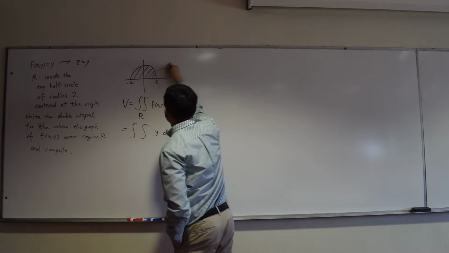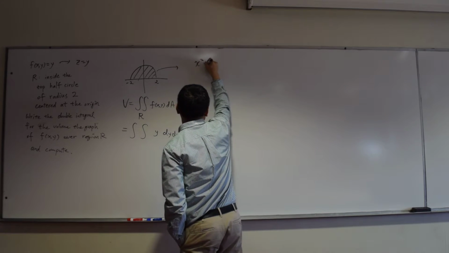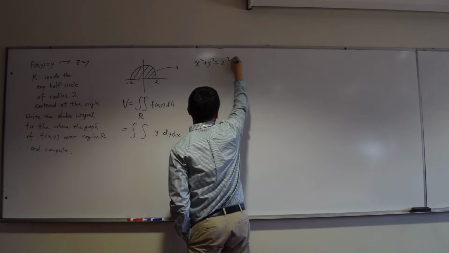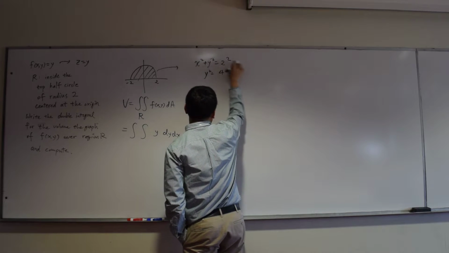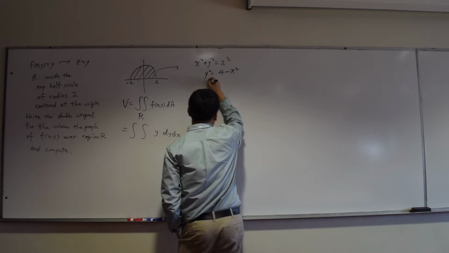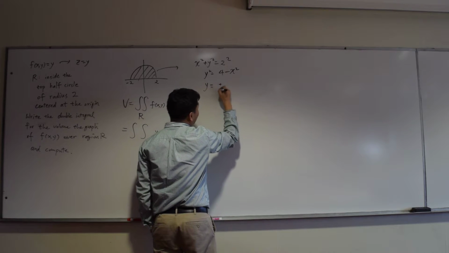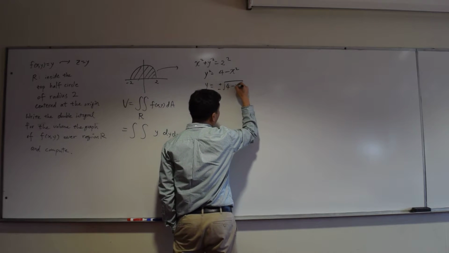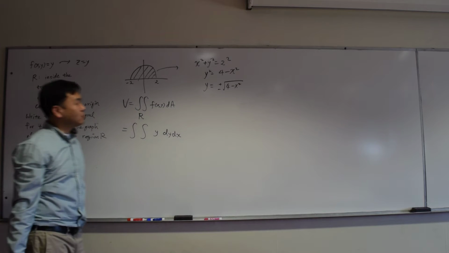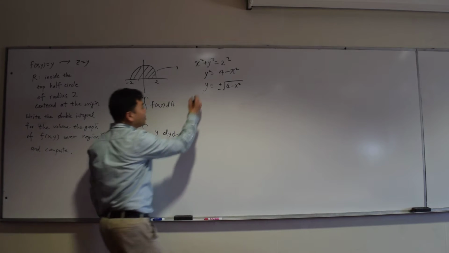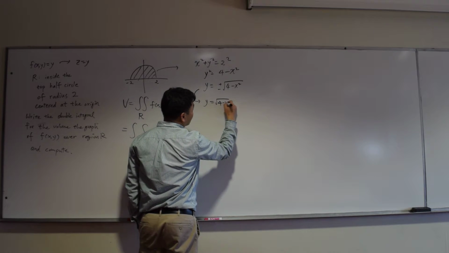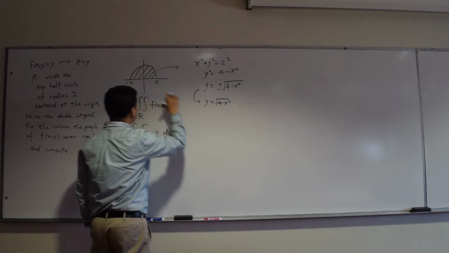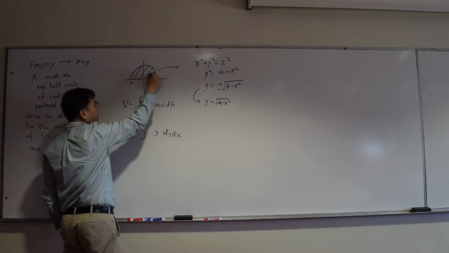Now, why is that? Well, the equation of a circle is x squared plus y squared equal to 2 squared, and 2 squared is 4. If I move the x squared to the other side, you get that. If you solve for y, you get plus or minus square root of 4 minus x squared. And if you only take the positive one, that means y can only be positive, so you don't get the full circle, but only the top.